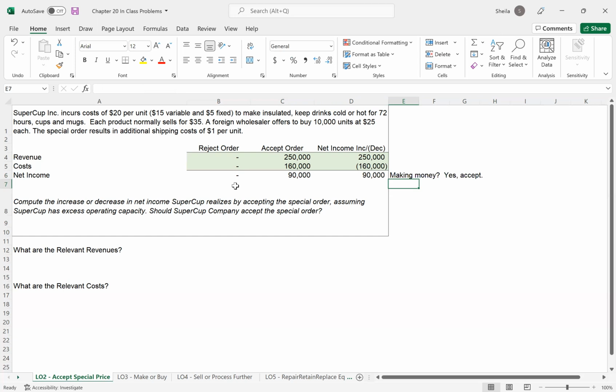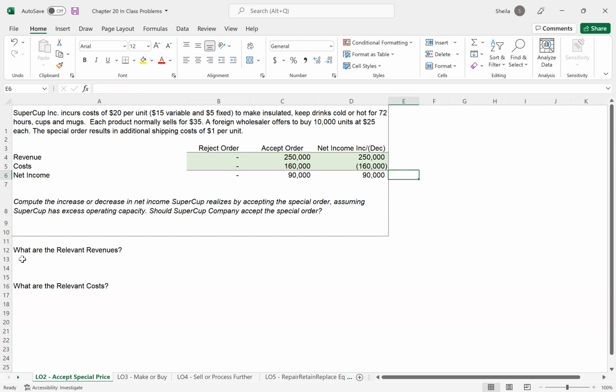Should we try to increase our capacity? Do we have additional buyers for this 10,000? These are some other things to consider that are considered qualitative factors, so keep that in mind. But the first question is, are we making money? If we are, then the rules say, yes, let's go ahead and accept the order.